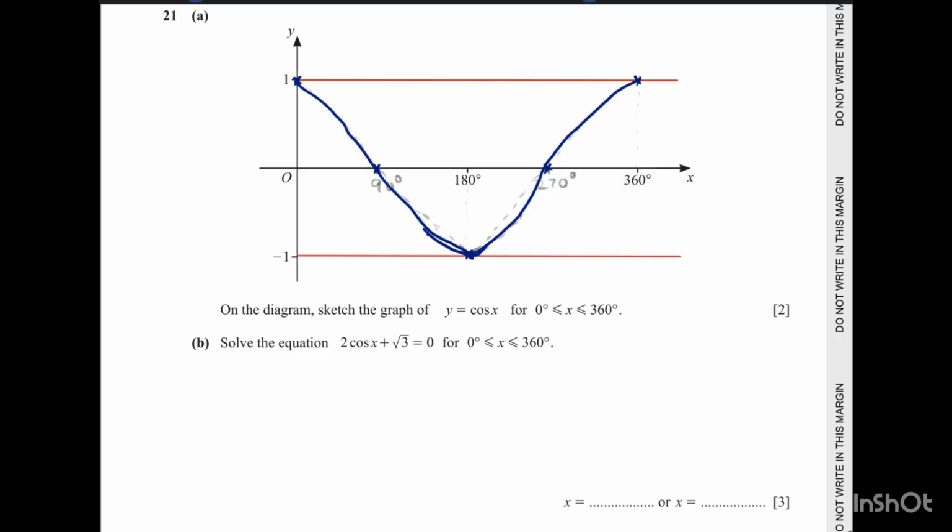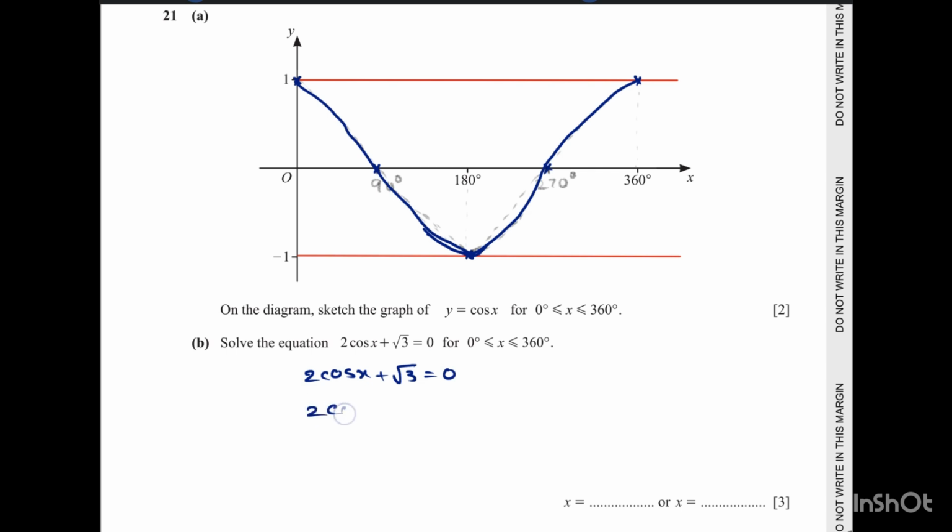Question number B now. Solve the equation 2 cos x plus root 3 is equal to 0 for 0 less than or equal to x less than or equal to 360. So write this equation, bring the terms to the right hand side and write the value of x.